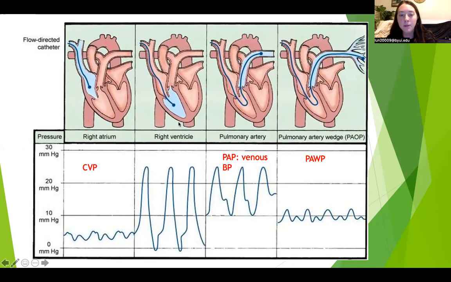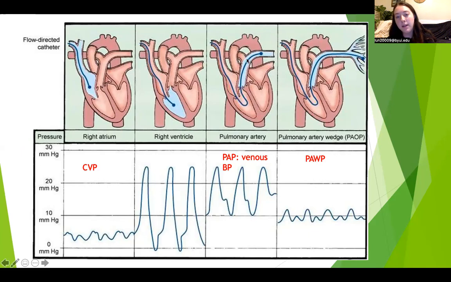And then we go down into the right ventricle, and obviously we have higher pressures in the right ventricle because this is where the majority of the huge pumping is happening to send the blood up. So we have a fraction, about 25 over 2 to 5 right here, okay?